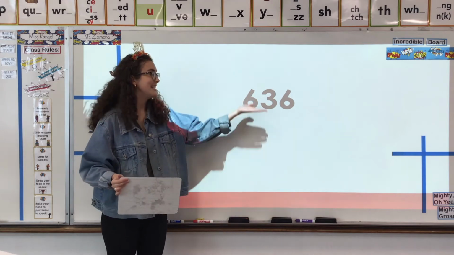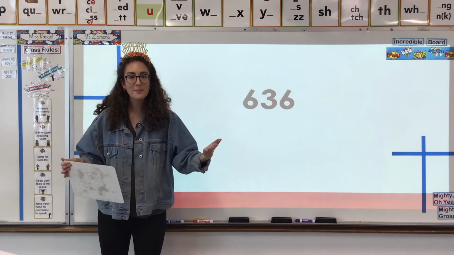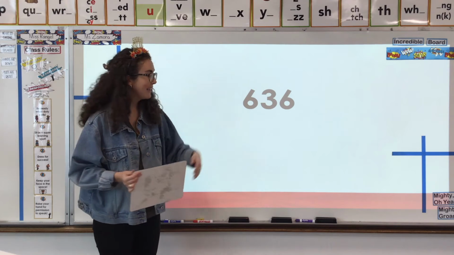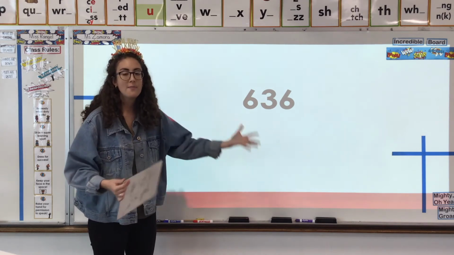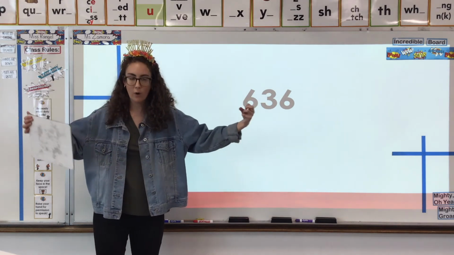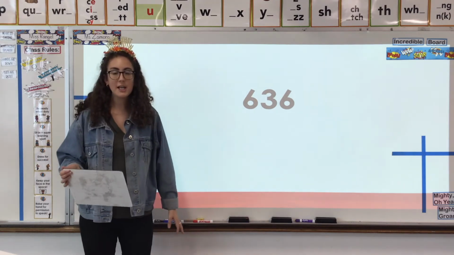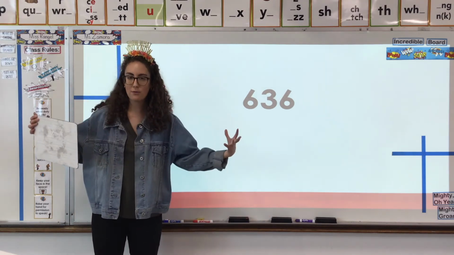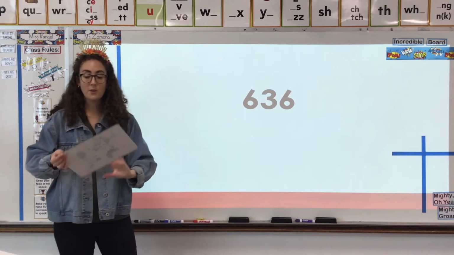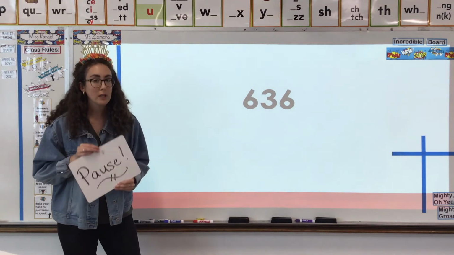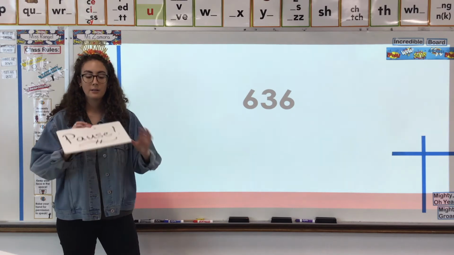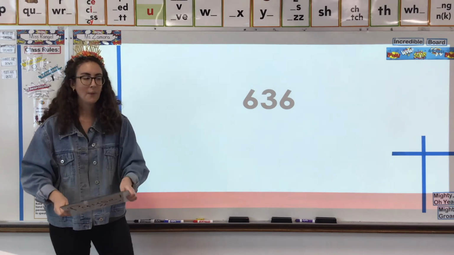Standard form, just digits, standard form. And I want you to write 636 in expanded form. So you're going to write out the value of each digit in expanded form. I want you to do this on your own, and then you'll come back and check. Are you ready? Okay, pause.